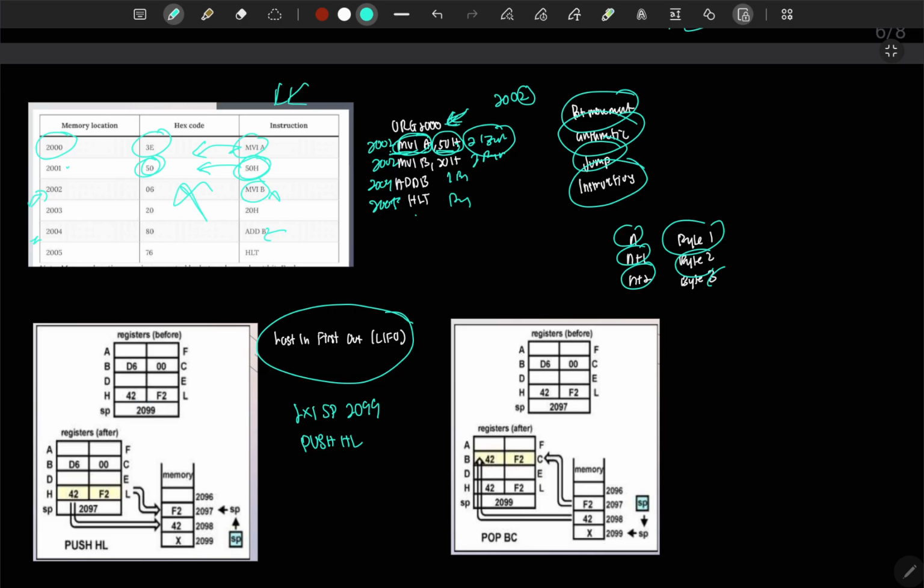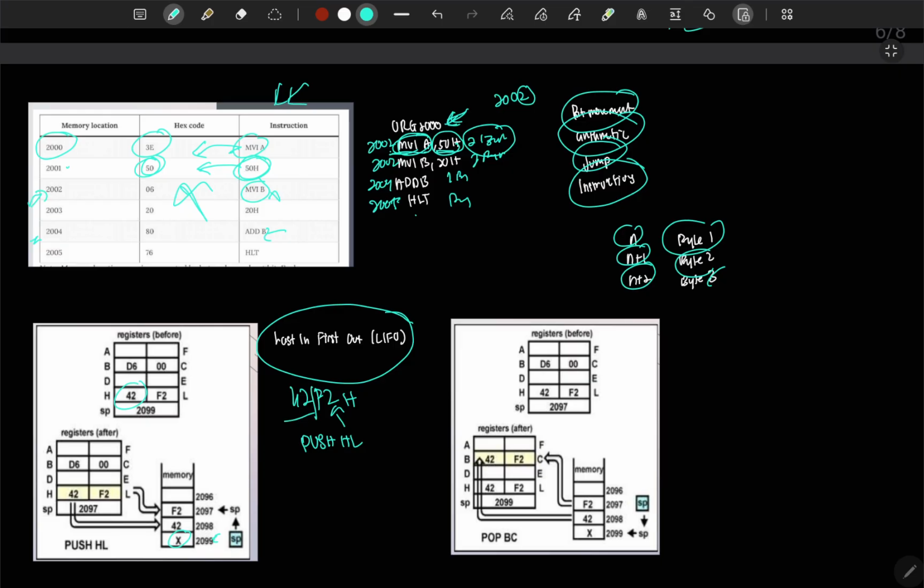Maybe the stack pointer, okay, it's not 2099, the stack pointer was lastly set to 2099. Okay, so in this case the stack pointer was lastly used and the last data was in 2099. Now in this case they say that push HL. Push HL means we have 42F2. This is our bit 42F2H.